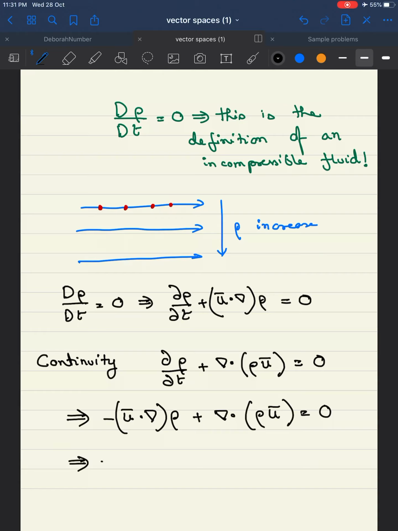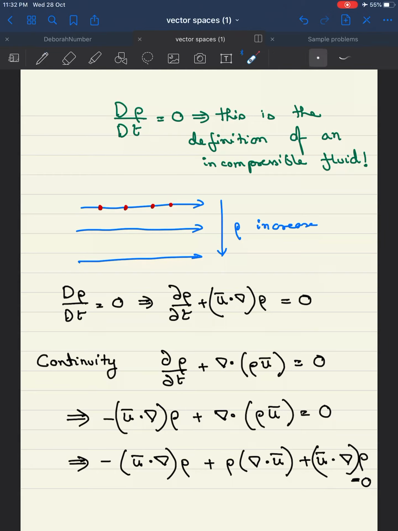Now if I expand this, I have these two variables for which there is a derivative operator, so I can use the chain rule, and I will have two terms for it, and this is equal to 0 now, right?